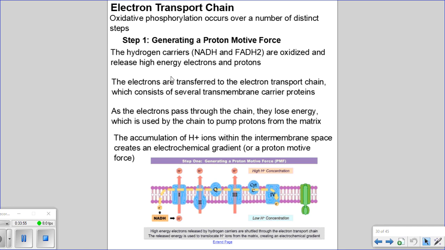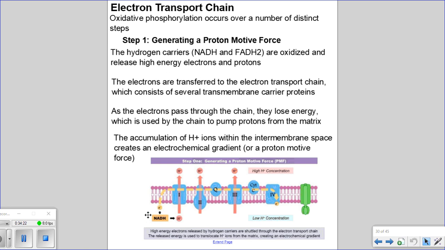So oxidative phosphorylation occurs over a number of distinct steps. So step 1 is referred to as generating a proton motive force. So using those protons, those hydrogen ions, to create a motive force. So the hydrogen carriers, the NADH and FADH2, are oxidized and release high-energy electrons and protons.